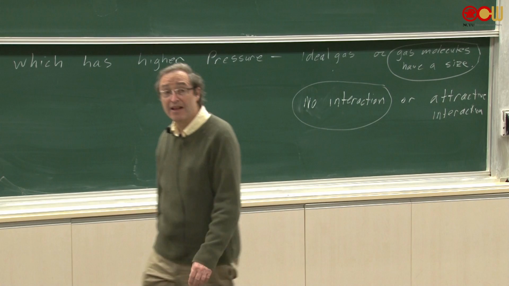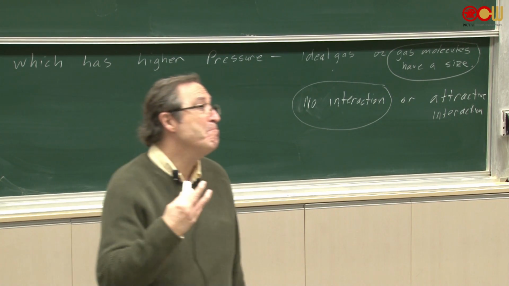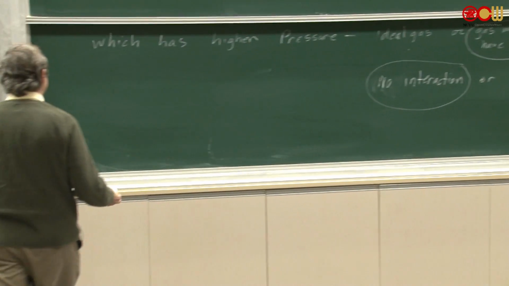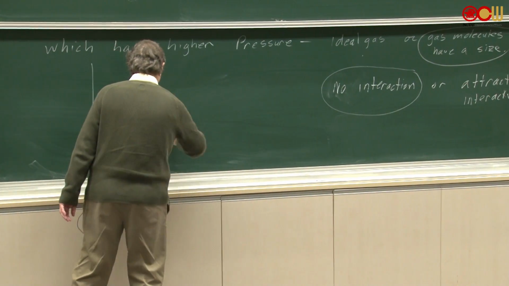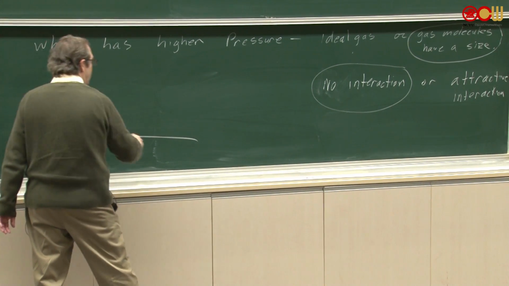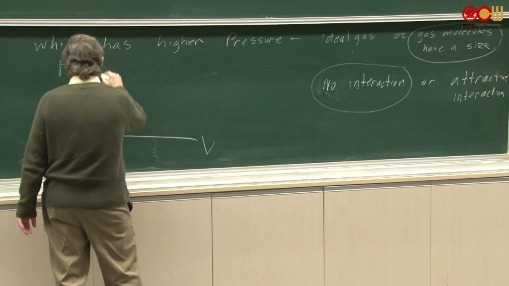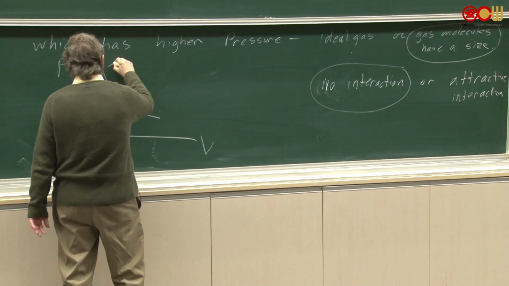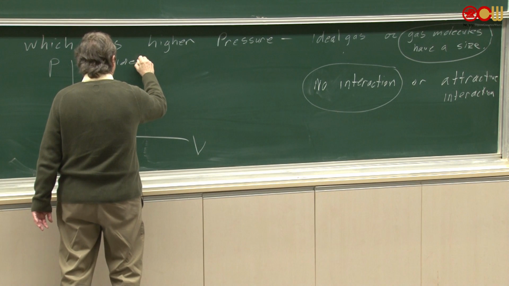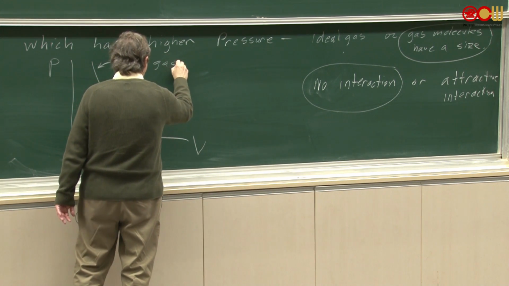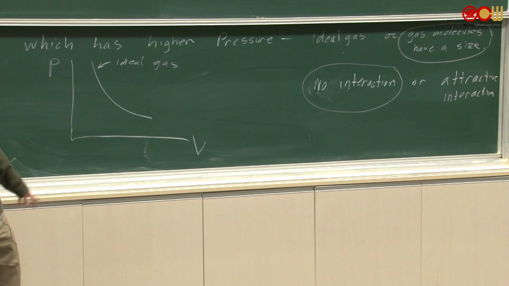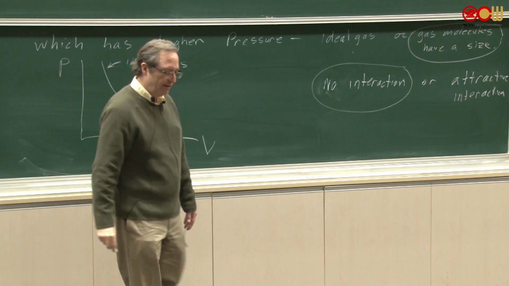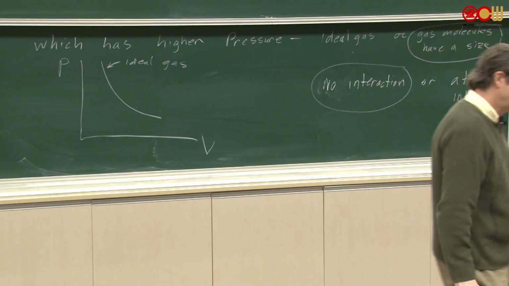All right. Now let's see what this would mean if you actually measured the pressure of a real gas. So first I'm going to draw P versus V. And this might be what the ideal gas will look like. Let's say that's the ideal gas. All right. So at very low density, high volumes, the ideal gas should work.